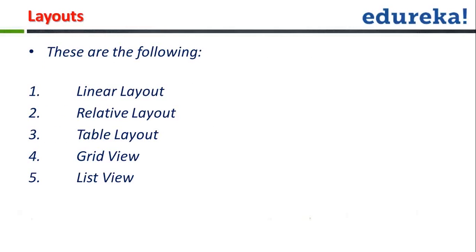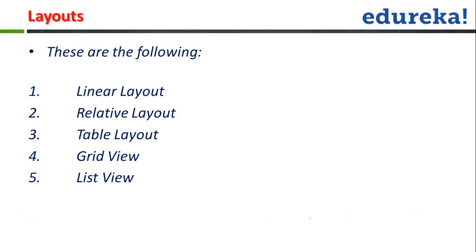Now how many kinds of layouts are there? It's like a screen or a particular window where I put all these small UI elements, for example button, checkbox and radio button, and there are different scenarios.